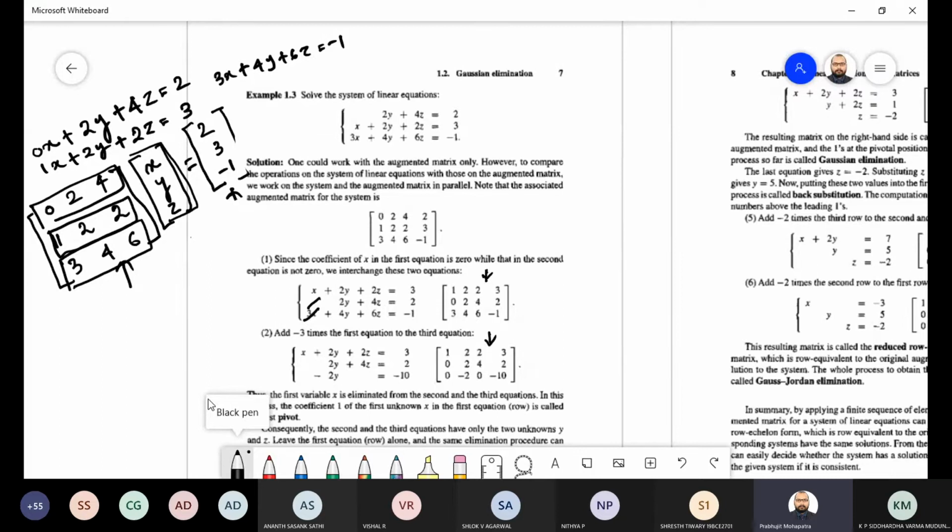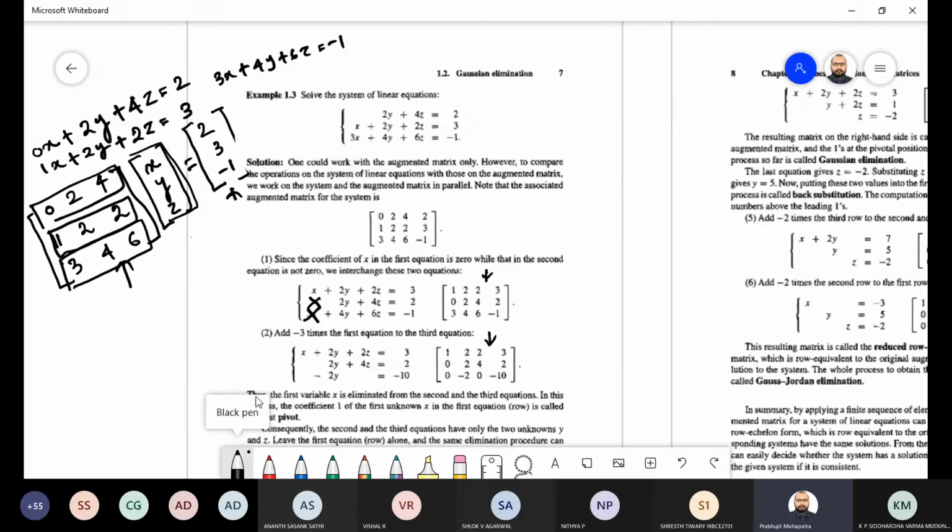Our target is to delete x from equation 2 and equation 3 by using some row operation.